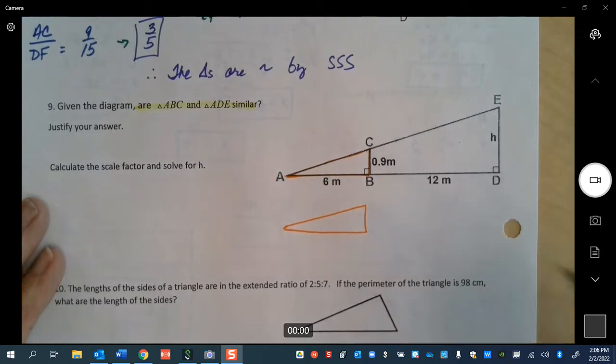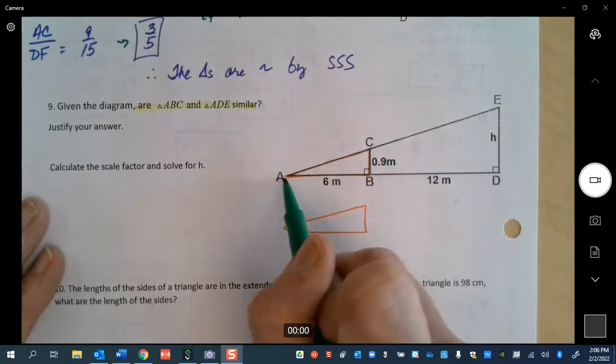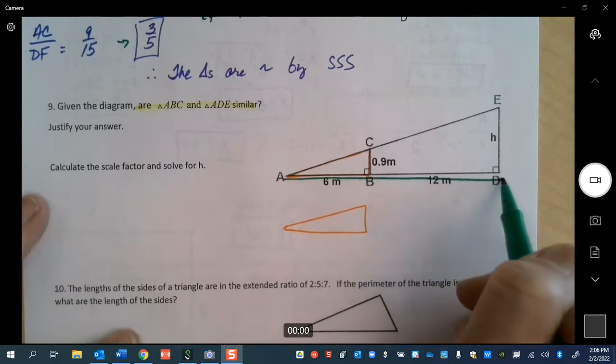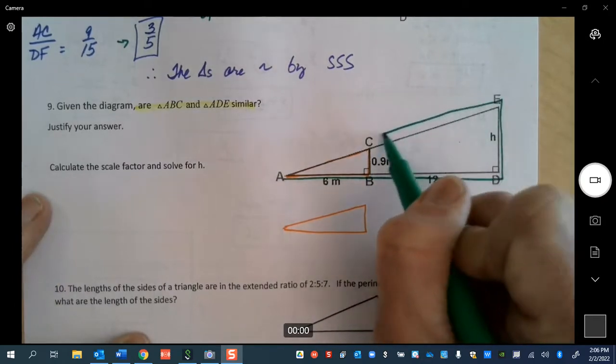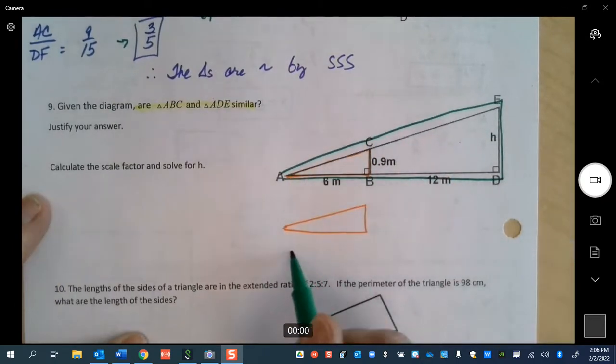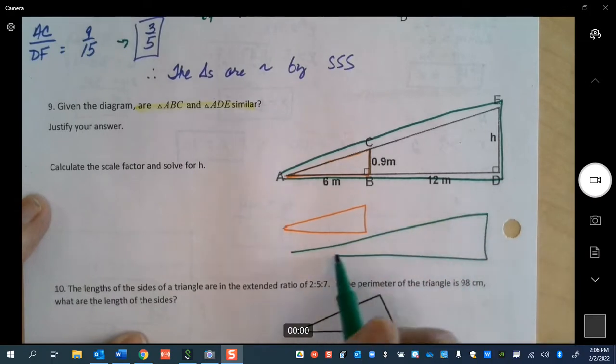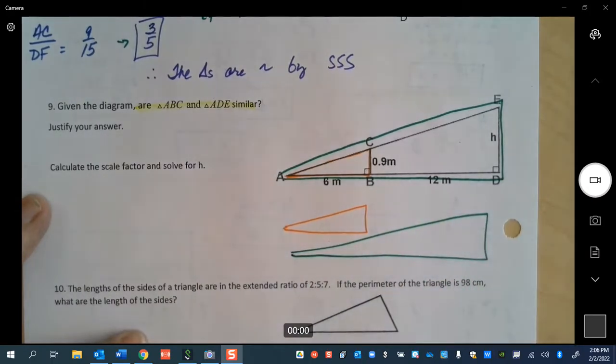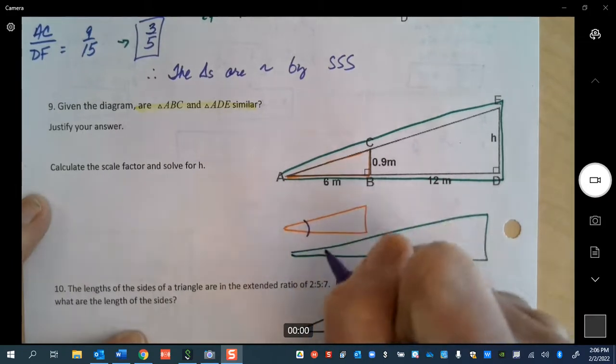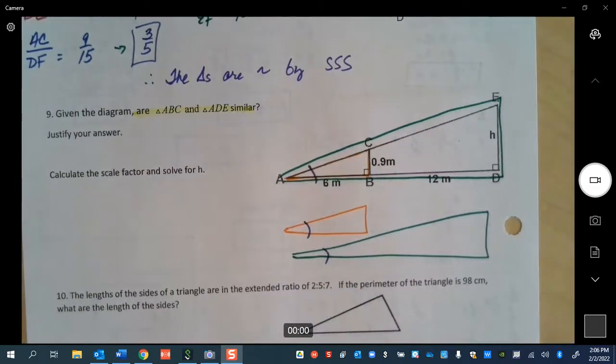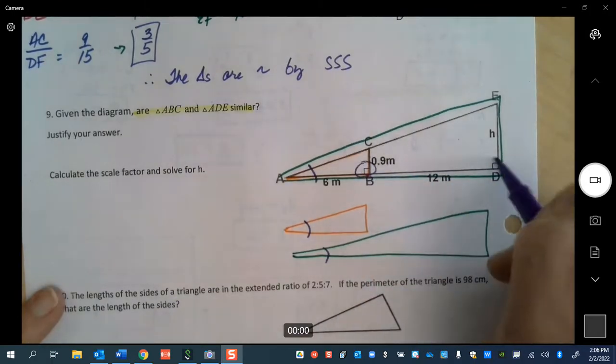And next I'm talking about triangle ADE. See this big triangle here? And if it's easier for you to draw it, please do. Both of those triangles share angle A. What else do I know about those triangles?